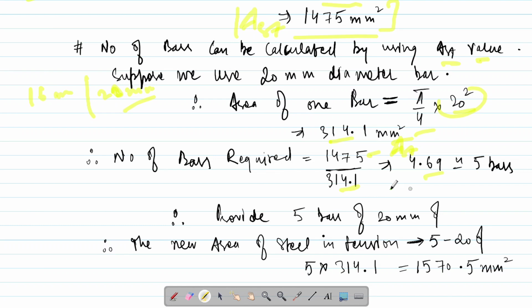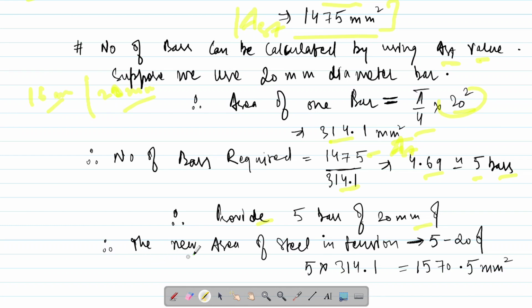So either we can calculate for the 16 also, but here it is sufficient that 5 bars of 20 mm dia are required in the tension zone. So therefore we'll provide 5 bars of 20 mm dia.